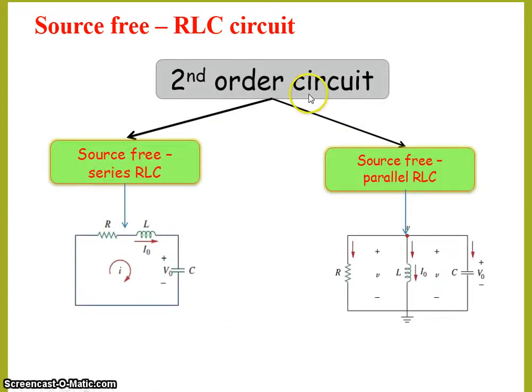The second order circuits are classified into two types: series RLC circuit and parallel RLC circuit. In series RLC circuit, the equation is going to be a current equation. Why? Because the current will be the same in a series circuit. In the case of parallel RLC circuit, it's going to be a voltage equation V of t, where the voltage will be the same in parallel circuits.